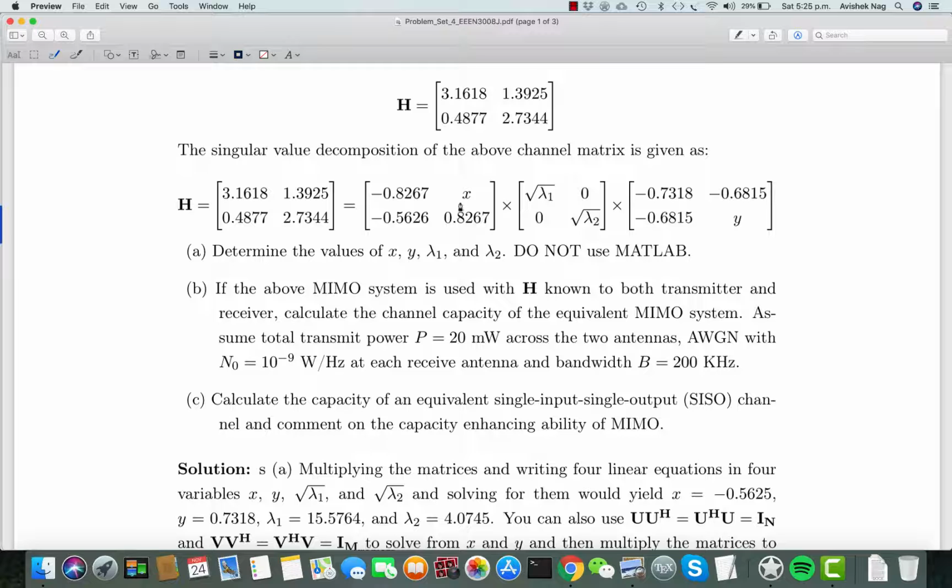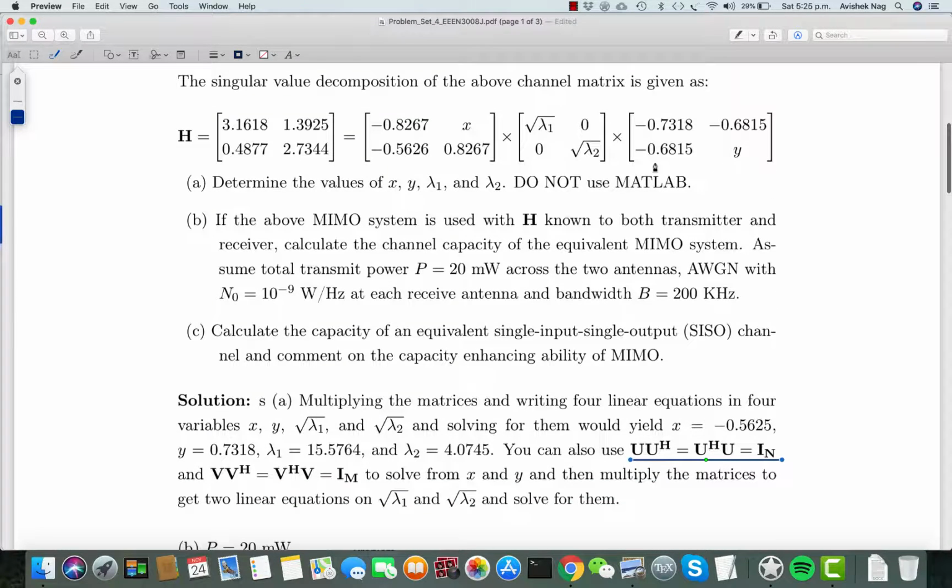In that way, you can find the value of x. You will have one variable, and you will directly get its value by using this property. And then similarly for y also, you can use the same property. You can multiply this matrix and equate it to an identity matrix and get the value of y.